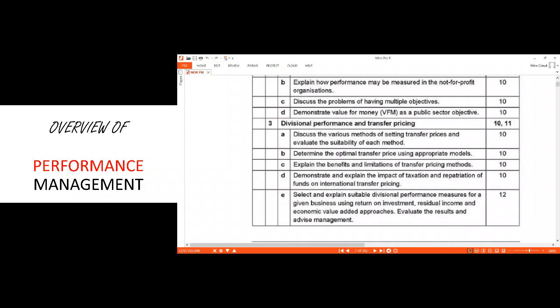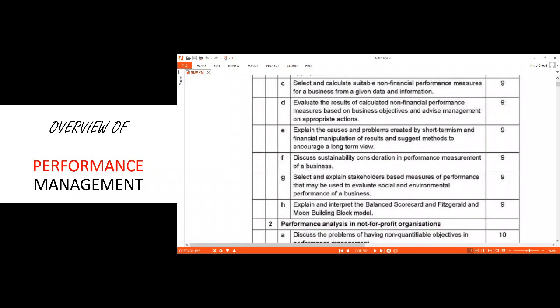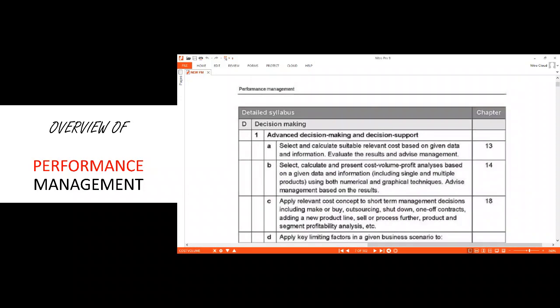Then we will move on to the D part, the decision making. Don't forget, decision making carries 30% of the syllabus. So we are going to be discussing advanced decision making and decision support. And these are the following: selection and calculation of suitable relevant cost based on given data that we are going to use hypothetically and other information.